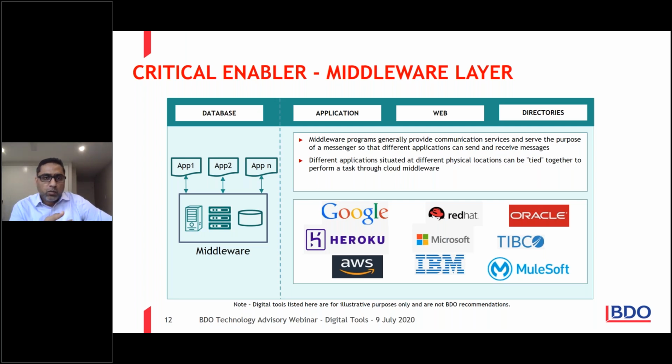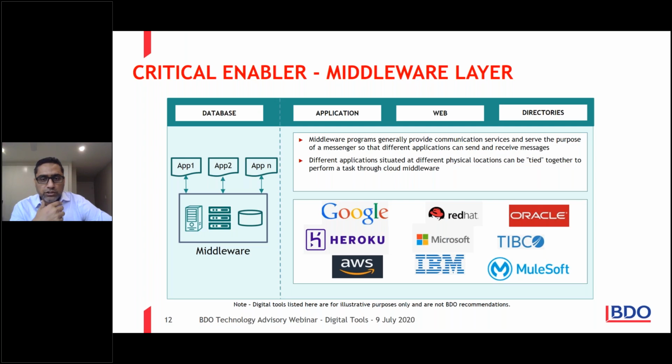When we talk about middleware, there are a number of things that can drop into that area, but the key ones are what database technology you have, what application servers you're leveraging to host all of these different applications, what web servers you have for your web interaction, and then the directory services around who can access, what authentication they go through, etc.